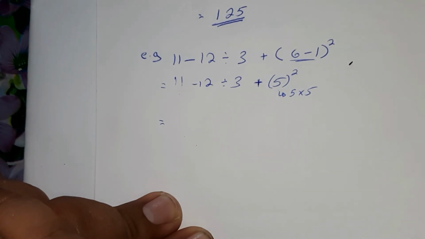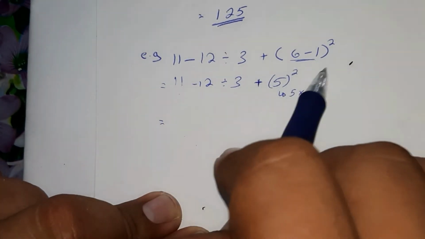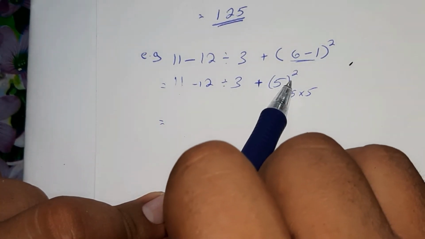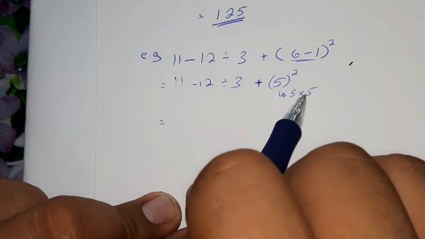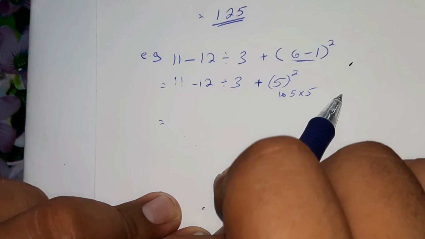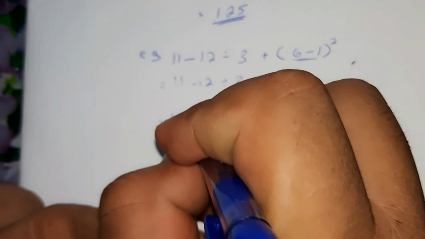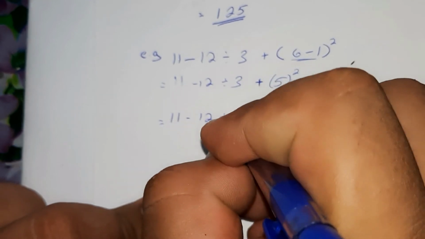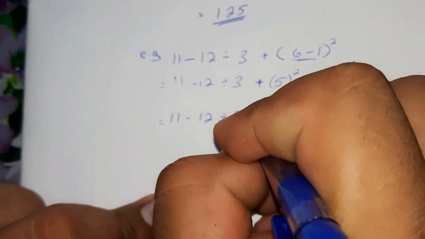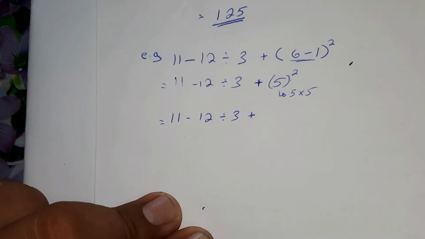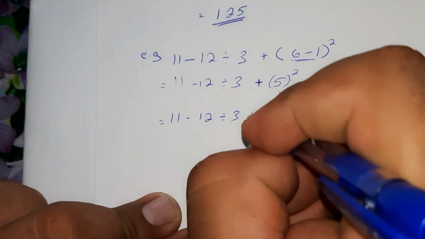The number multiplied by itself as many times as the power says. So if it is raised to the power of 3, it would have been 5 times 5 times 5, 3 times, right? So bring down the 11, bring down the 12, bring down the 3, and then we have plus, and then we go and we say 5 times 5, 25.